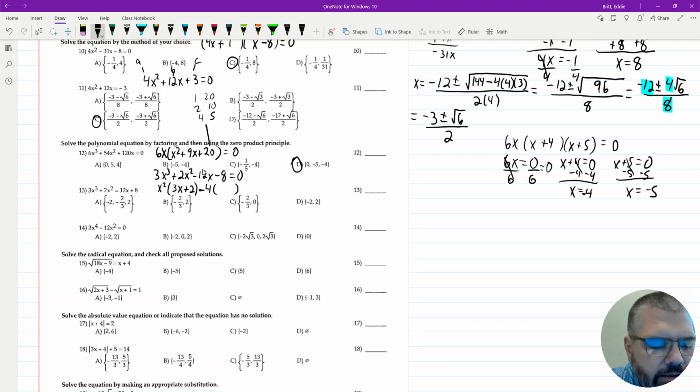So if I say negative 12x divided by negative 4, I get positive 3x. And then if I say negative 8 divided by negative 4, I get plus 2. All right, so the same thing is in the parentheses, so that's how it's going to factor.